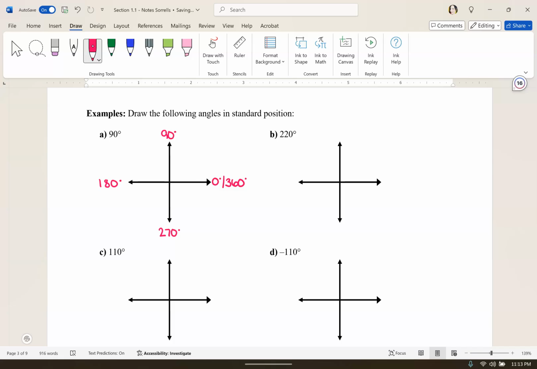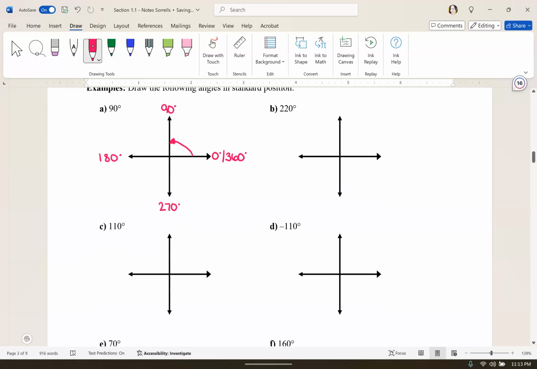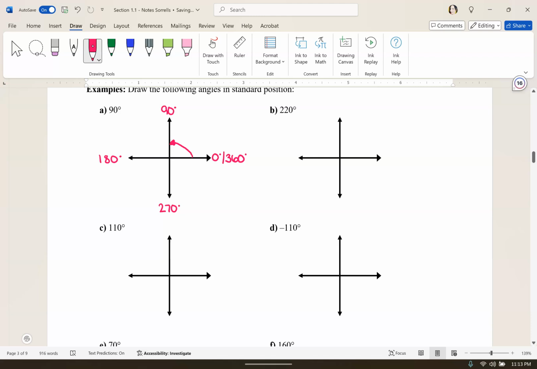Okay, so 90 degrees means I'm just right here for a quadrantal angle. Let's look at the 220. We'll just go ahead and do B. So again, I want to label them 0 degrees, 90 degrees, 180 degrees, 270 degrees, and then 360 degrees.